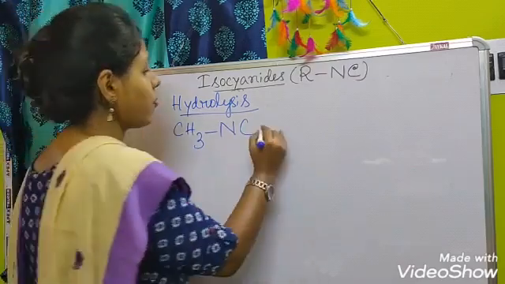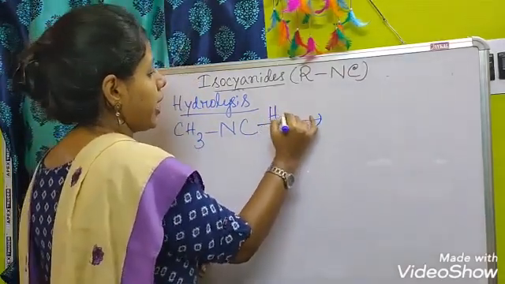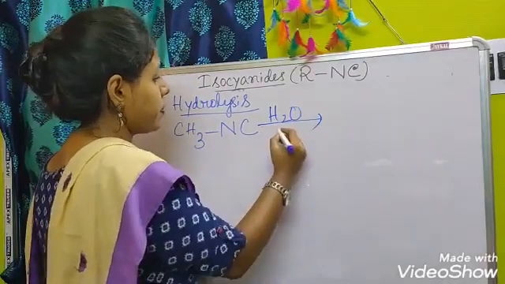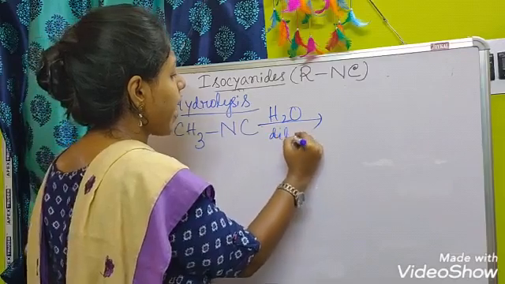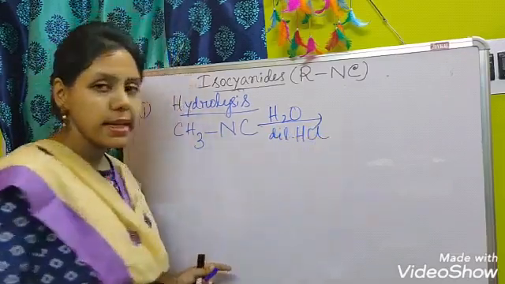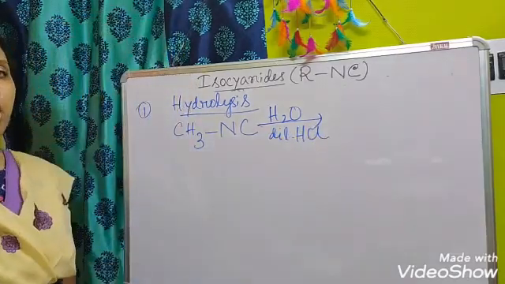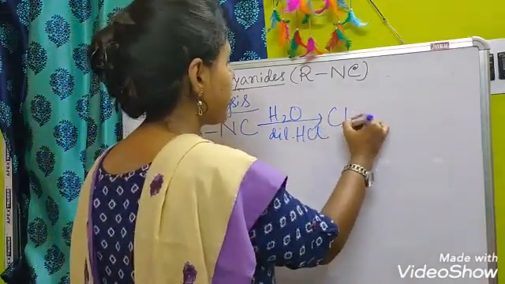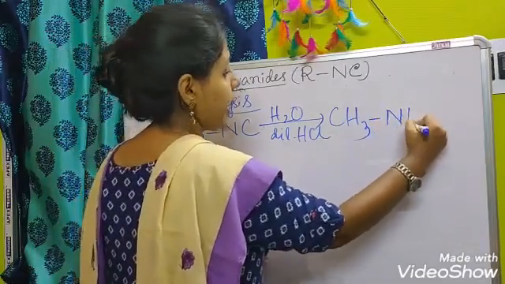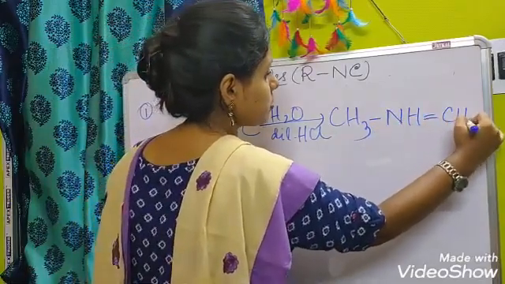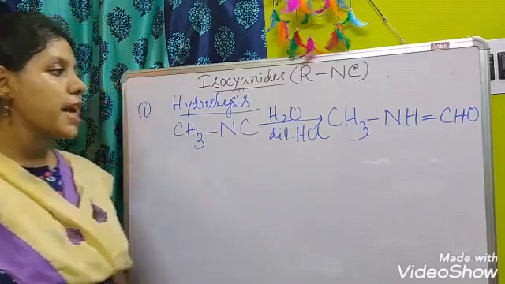Then it has to be hydrolyzed in presence of water and dilute HCl. After hydrolysis we will get here CH3 single bond NH double bond CHO.